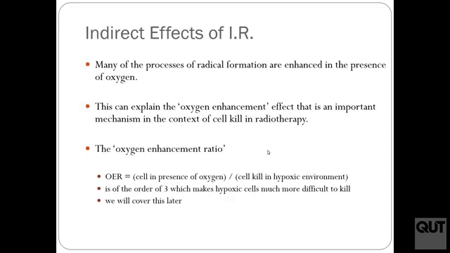This leads to the oxygen enhancement ratio, or the OER, which is the cell kill in the presence of oxygen divided by cell kill in a hypoxic environment. Typically it's about the order of 3. If you have oxygenated cells, they're 3 times more likely to be damaged.